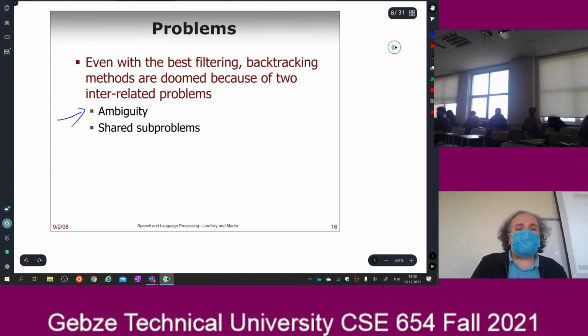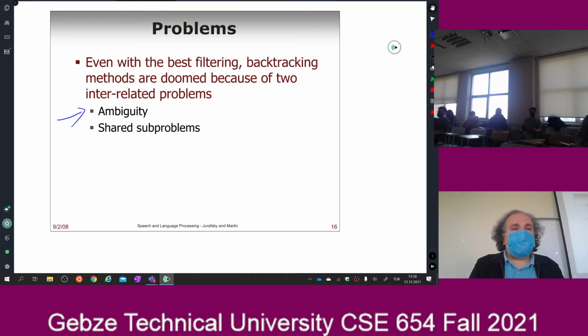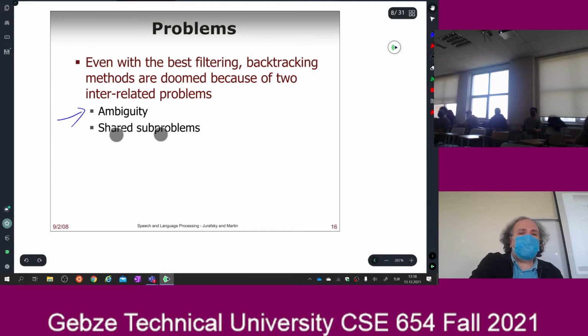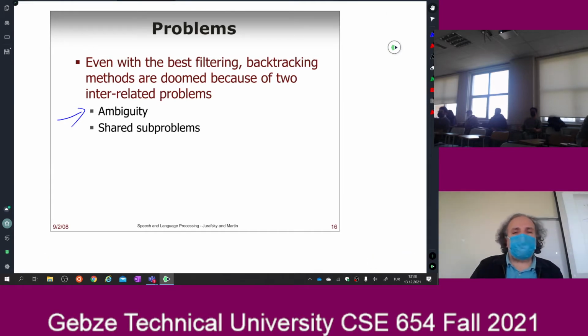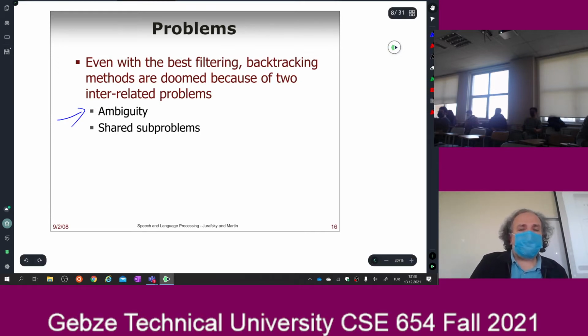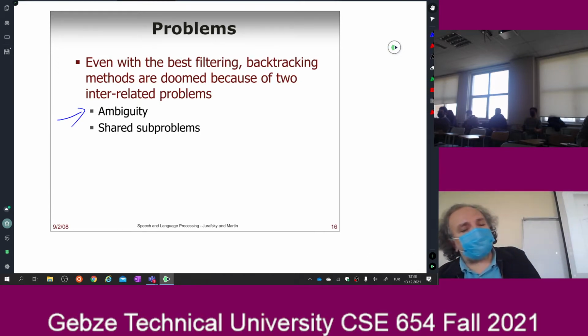Okay. The second thing is the shared subproblems. That's important because when we are parsing trees, we keep solving the same problem over and over again for the same part of the sentence. Maybe we should keep all that information in a place and keep reusing it all the time. That will make our parsing algorithms more efficient.